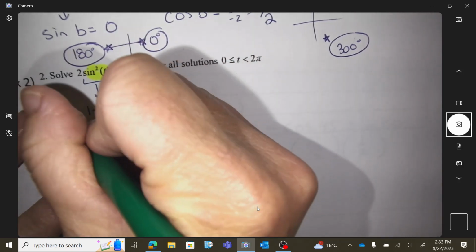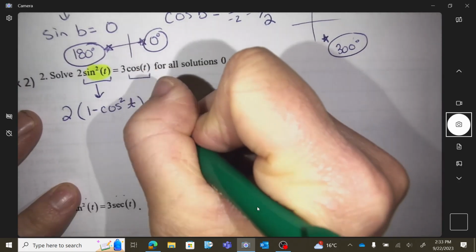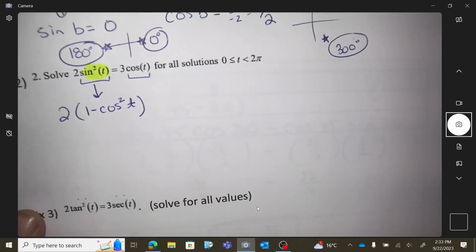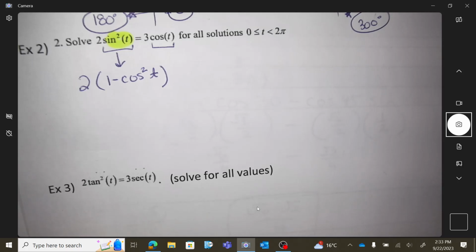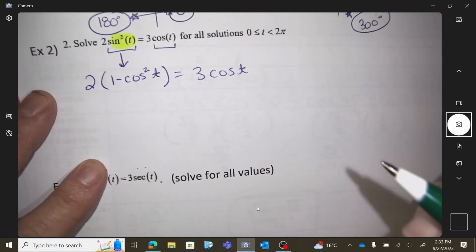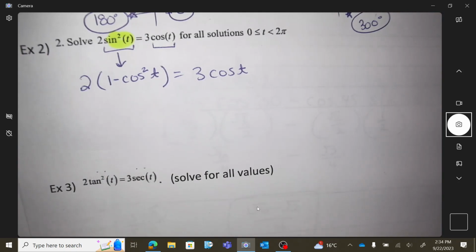Then I'm going to times it by 2, which means I better put it in brackets. Brackets are important. If you don't have brackets, it's wrong. Okay, that's the only new thing you're learning today. You know how to do the rest.